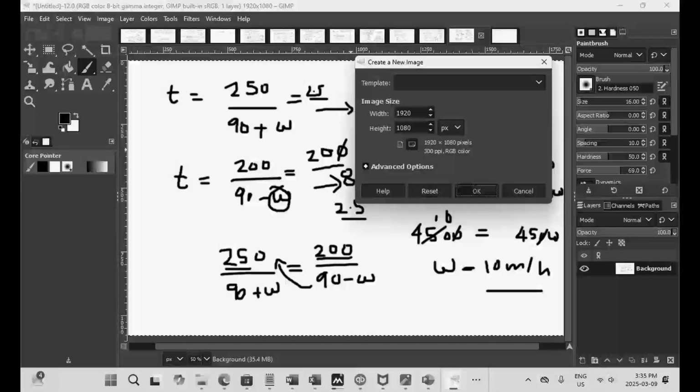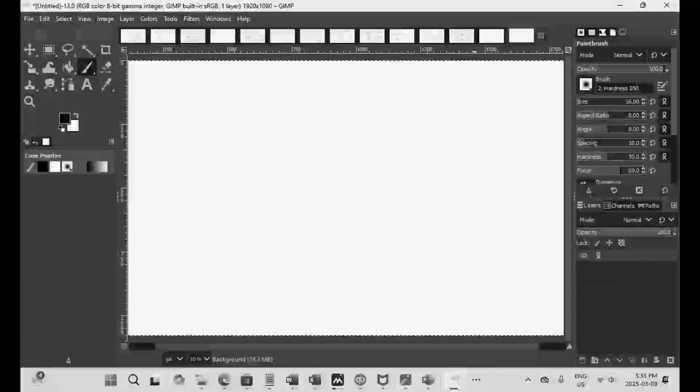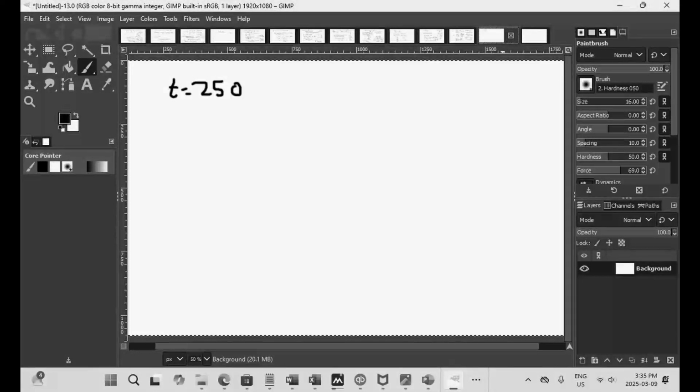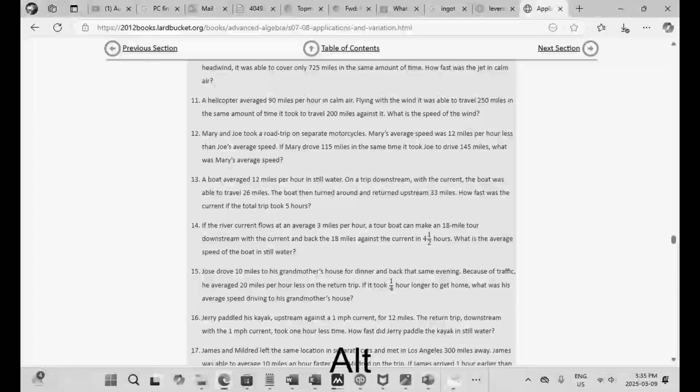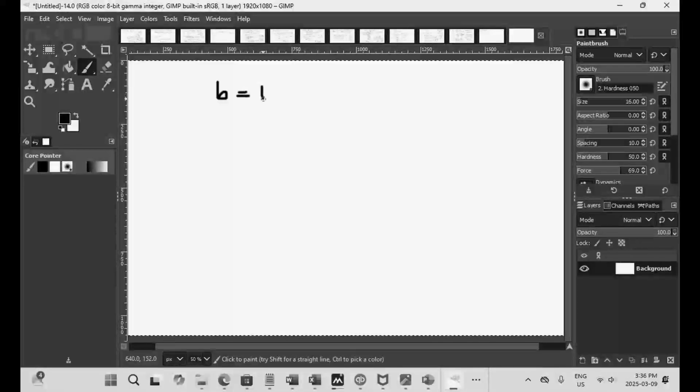This is a similar equation, one that will be solved in the same way to some extent. So we know that the speed of the boat is 12 miles per hour, so B equals 12 miles per hour.